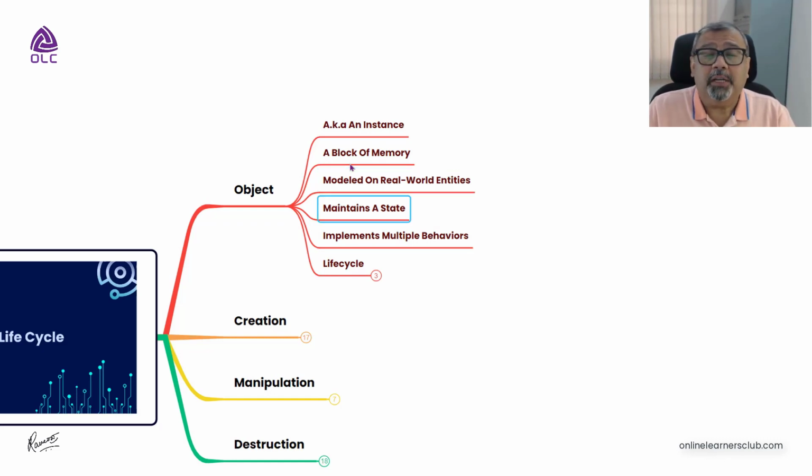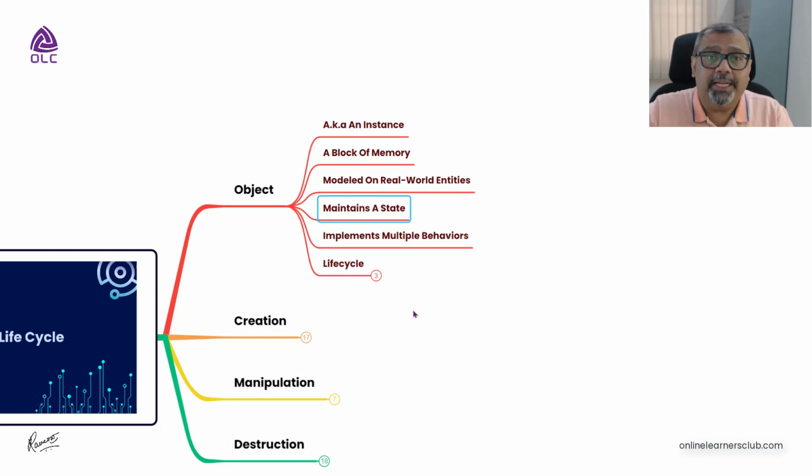Next, an object maintains a state. What is a state? A state is nothing but the variables present in a class, and whenever we talk about an object, it is the values of those variables. We know classes contain variables, and when you create an object, some value is associated with each variable, which we would have given as part of the program.